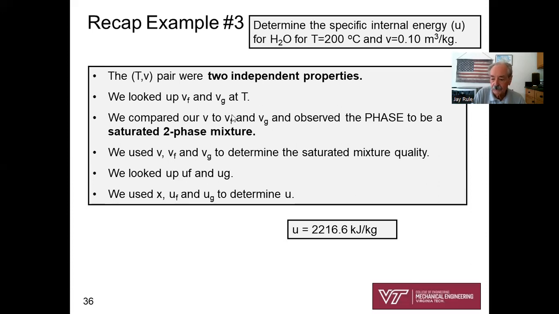So we wrote those down, V sub F and V sub G. And so we use those along with our value of V to determine X, the quality, okay? Then we went and we looked up U sub F and U sub G. Then we used the quality and those two values of U sub F and U sub G to determine U, and we got a numerical answer, 2216.6. Okay, that's example 3.